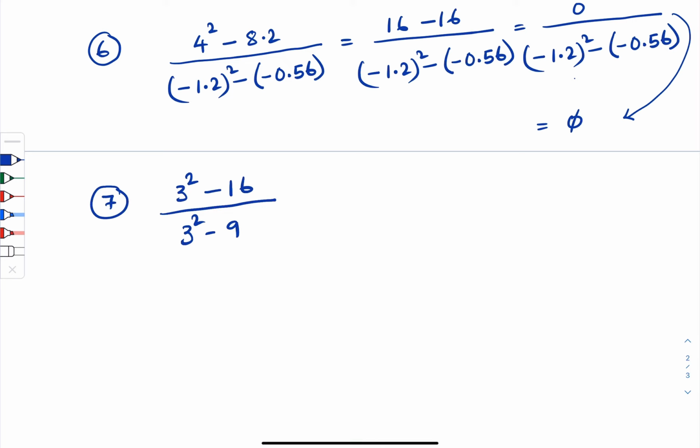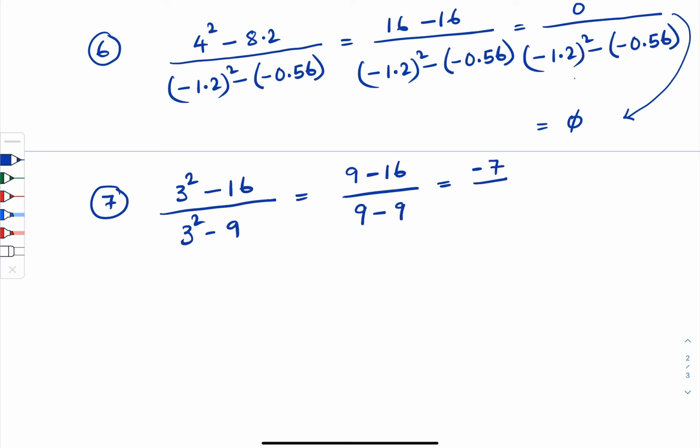So the top becomes 3 squared is 9 minus 16, and the bottom is 9 minus 9. Now the second I see that, look at that, 9 minus 9 is going to be 0, right? So I could simplify the 9 minus 16. Let's just go ahead and do it. 9 minus 16 is going to be what? 16 minus 9 gives you 7. And since the larger number has the negative sign, that makes it a negative 7.